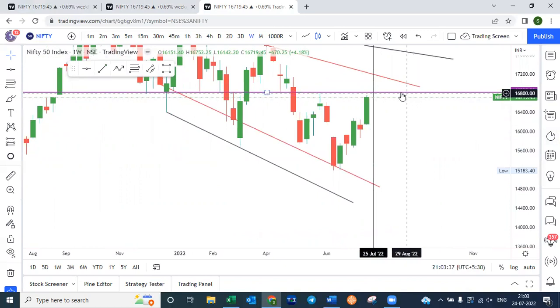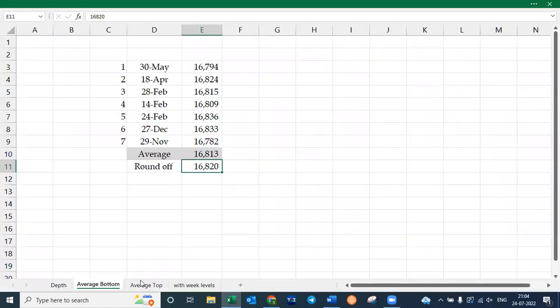Once my resistance point is drawn, I'd also need to understand what the next level can be. And believe me, the market has been kind enough to make it very simple for me. Look at this point. 1 resistance, 2 resistance, 3 resistance, 4 in between, and a big resistance here, 5, 6, 7. Wow. So let us see if I plot this.